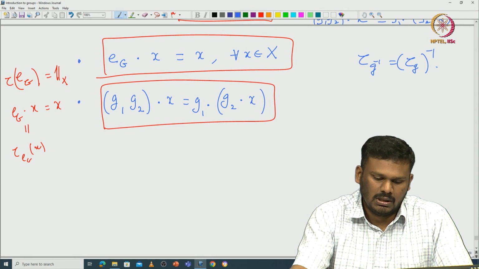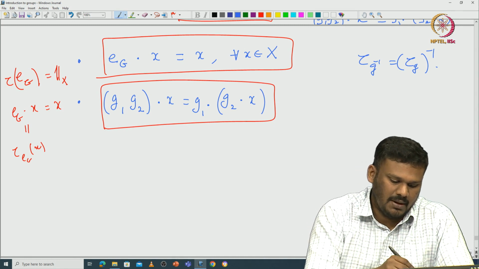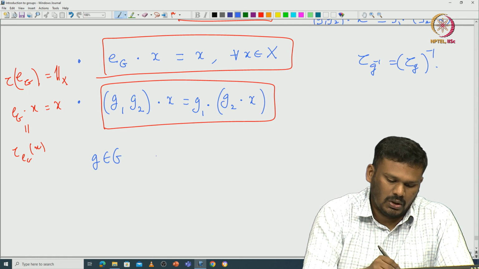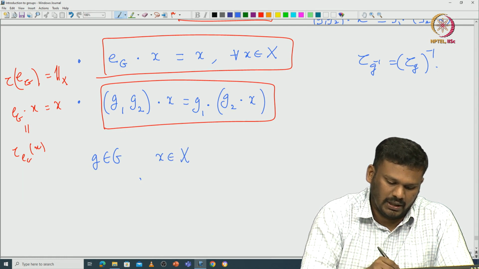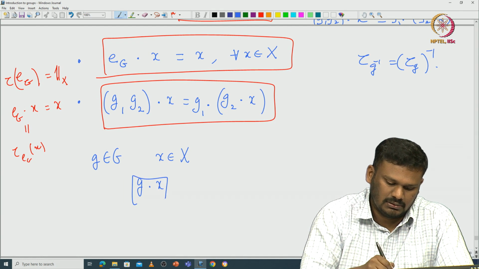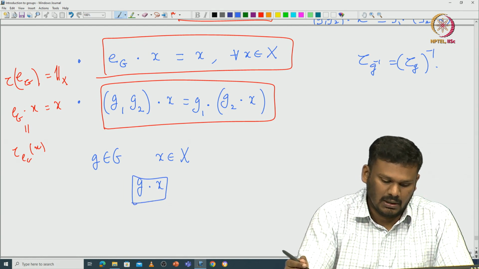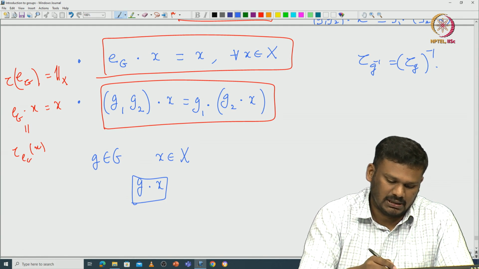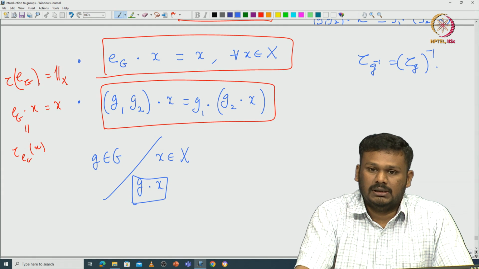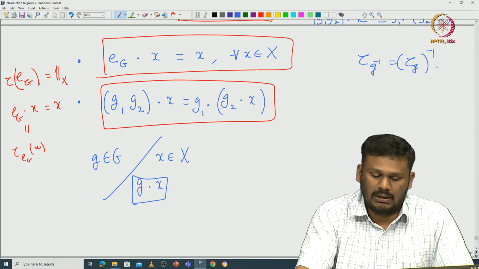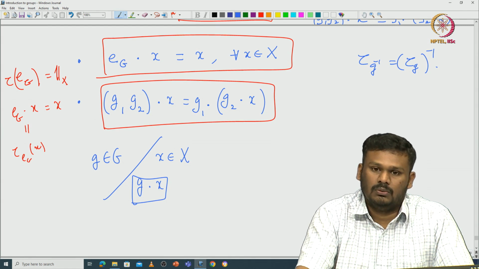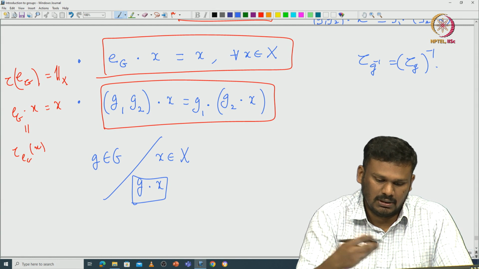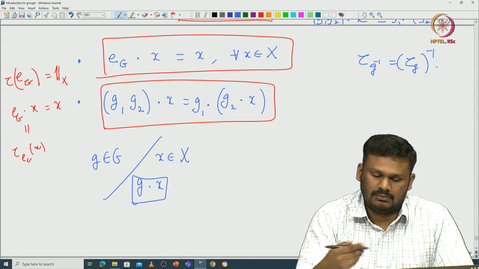That is what we say: the given element g in G acts on the given element x in X via this g dot x. Okay. So, that is the meaning of this thing. And of course, we are suppressing the notation, hiding this tau under the carpet, but sometimes it is very useful. One should get used to this shortcut notation, then it becomes somewhat easier to do the computation or proving.